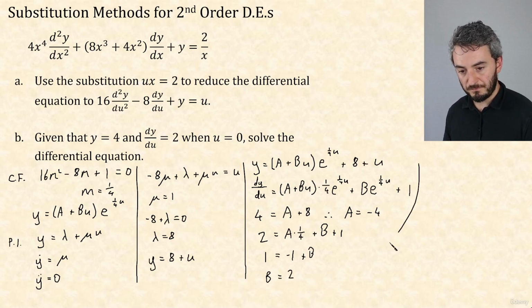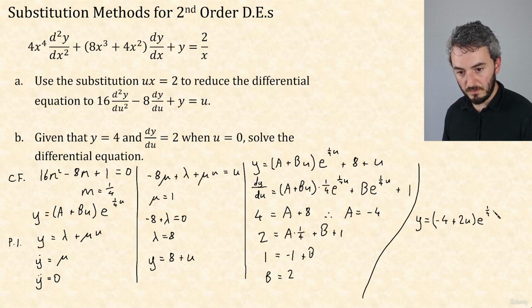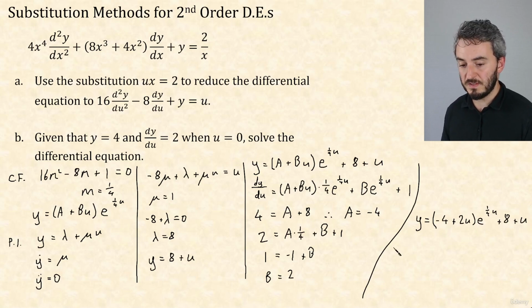So that tells me that y equals a, so minus 4, plus 2u, e to the quarter u, plus 8 plus u. Final thing is solve the differential equation, the original one. We have that u needs to be replaced with 2 over x.